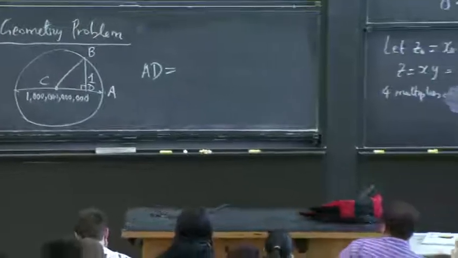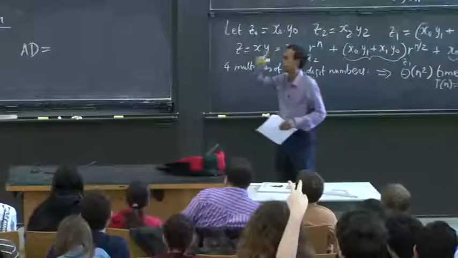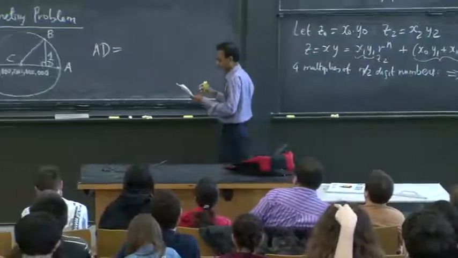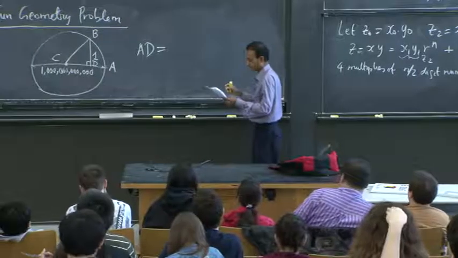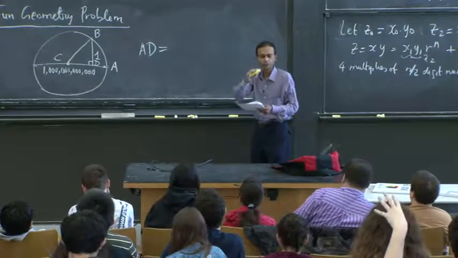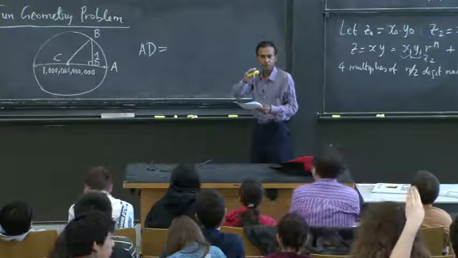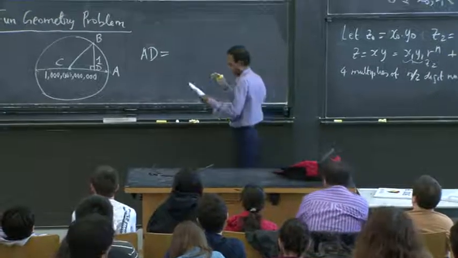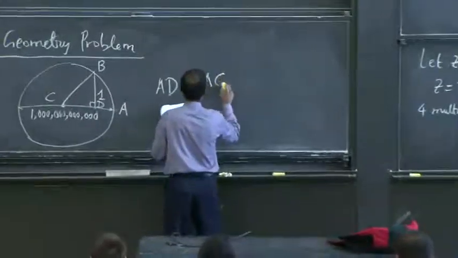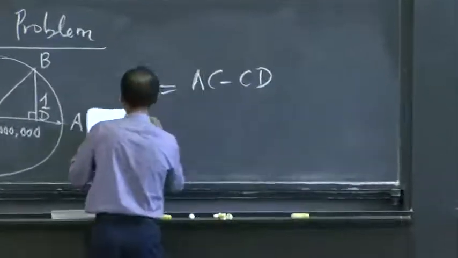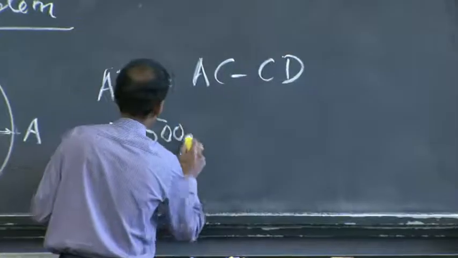Yeah, go ahead. The radius, 500 billion, minus the square root of 500 billion squared minus 1. Perfect. So AD equals AC minus CD, and that is going to be 500 billion.